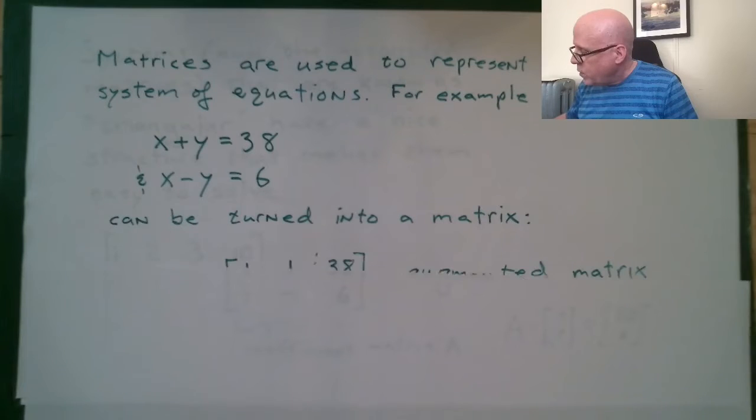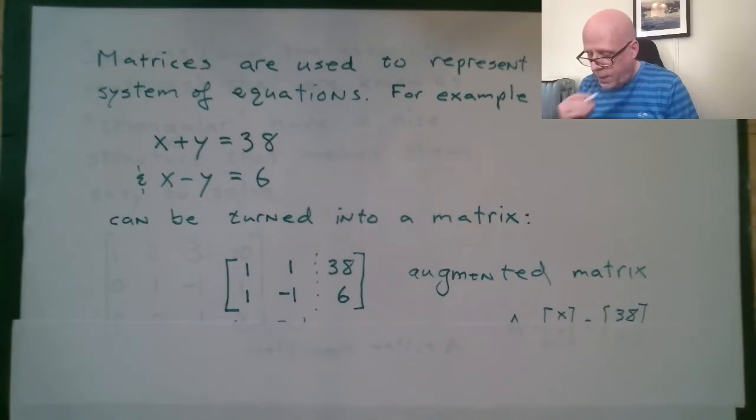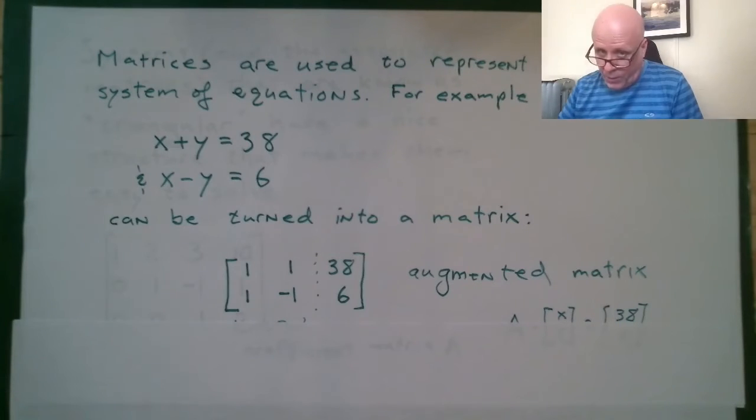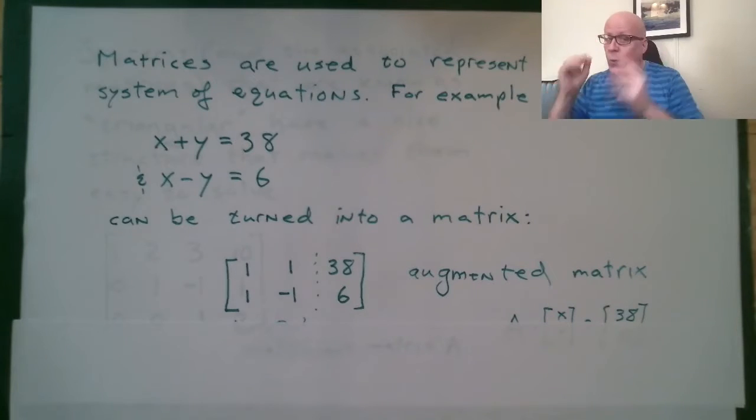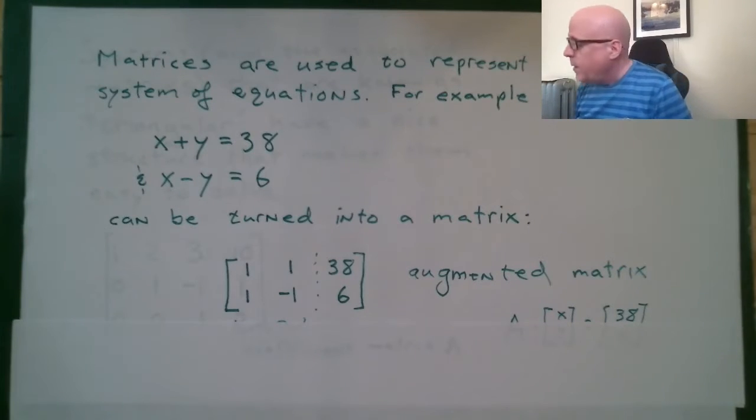But that thing can also be turned into a matrix, and then what's cool is you can unleash the Gauss-Jordan method on it, and you can also do it if the matrix is considerably more complicated, something that we wouldn't be able to solve easily by hand.